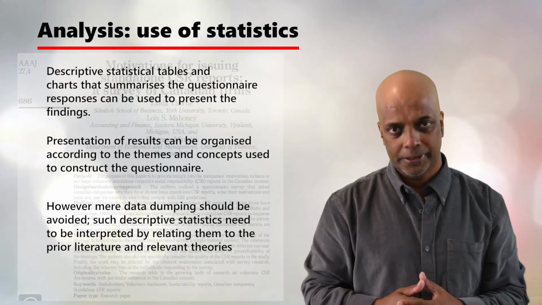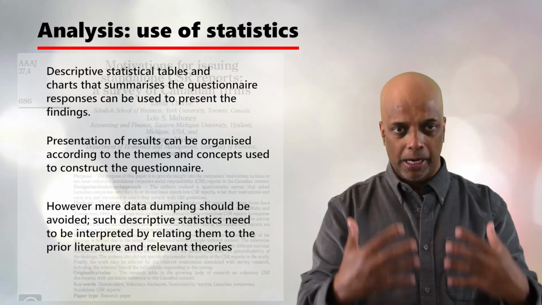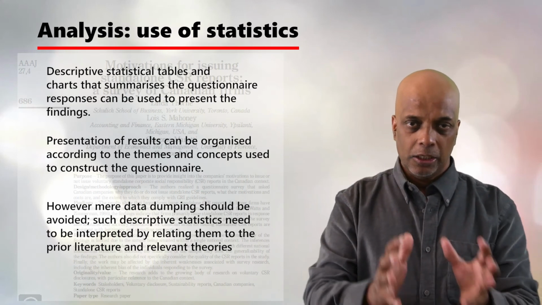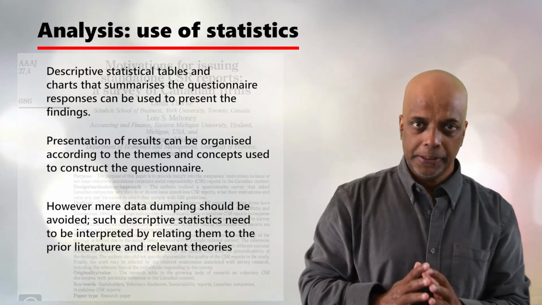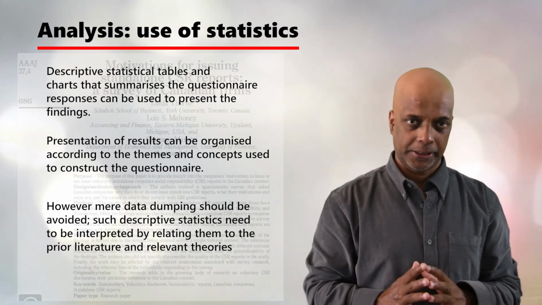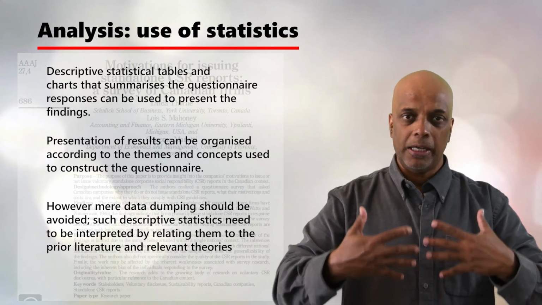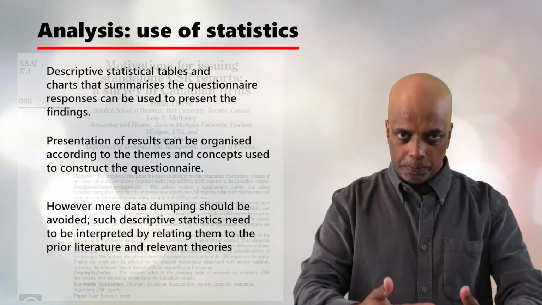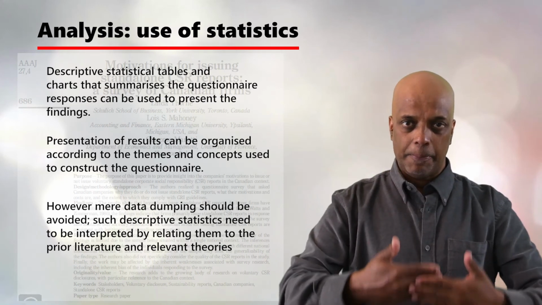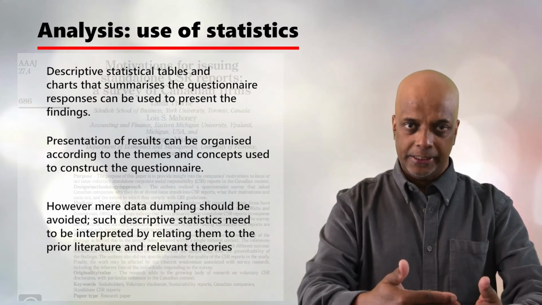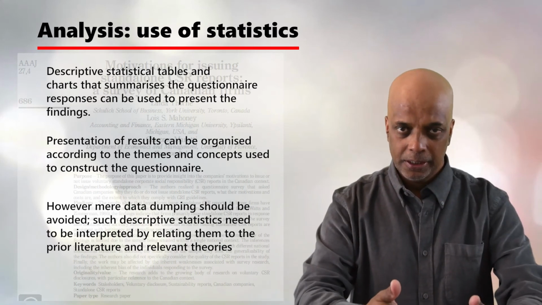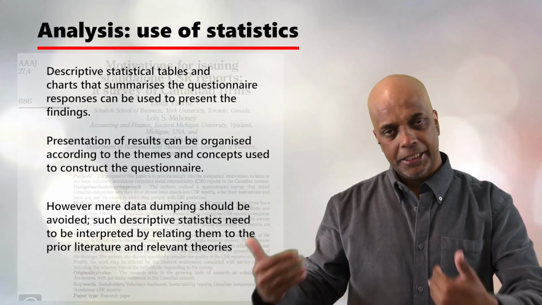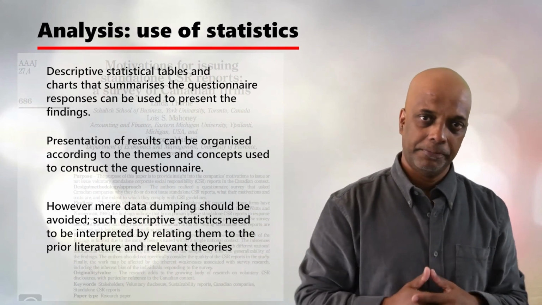How do you do that? Basically by connecting your findings, your results, to prior literature and the relevant theories. That's what we mean by interpreting your numbers. So you calculate the numbers, you present them in appropriate tables and charts, and then you have to discuss them, you have to interpret them in the light of prior literature and the relevant theories.